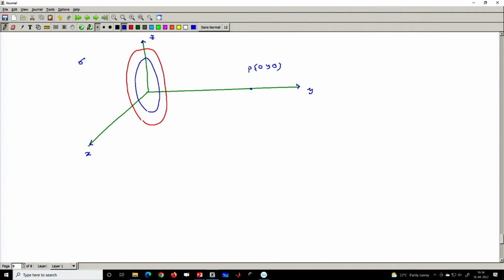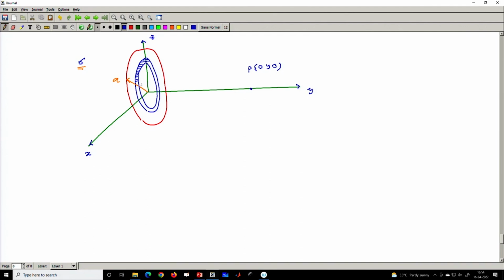Over the y axis I should find the potential for this disk, and suppose this disk has a radius of a, and a uniform charge density, which I already mentioned. Normally, in order to do this problem, we take a small section, a ring of this disk, calculate for that, and then integrate.